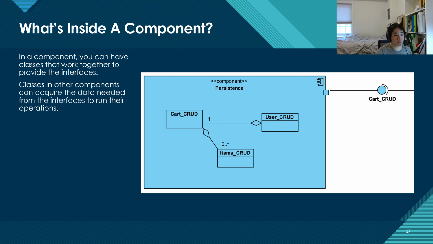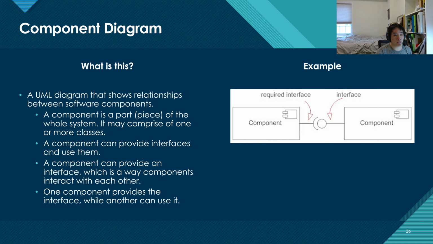What does the symbol between the components mean? As I said before, the circle is the interface. An interface specifies how a component can be interacted with.